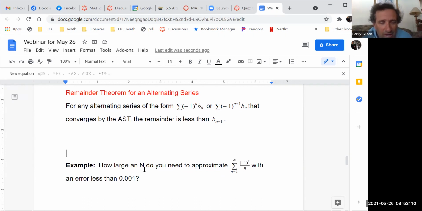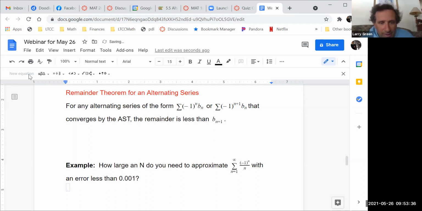So how large an n do you need to approximate the summation n equals 1 to infinity of -1 to the n over n? So we're looking at the alternating harmonic series, with an error of less than 0.001. So I just go and use it. What is b sub n plus 1? So let's write this out.